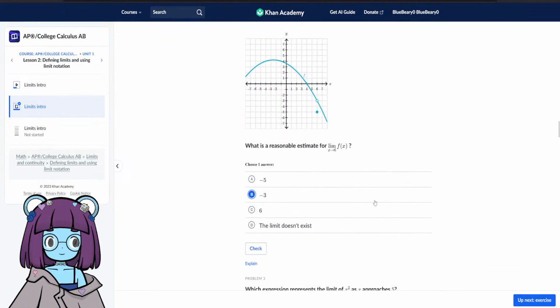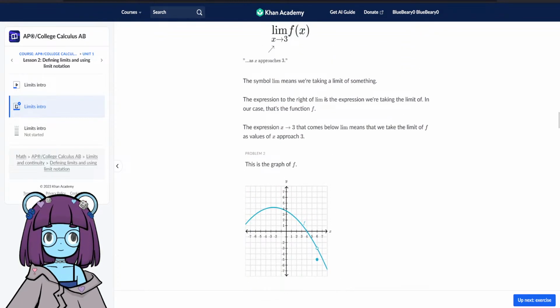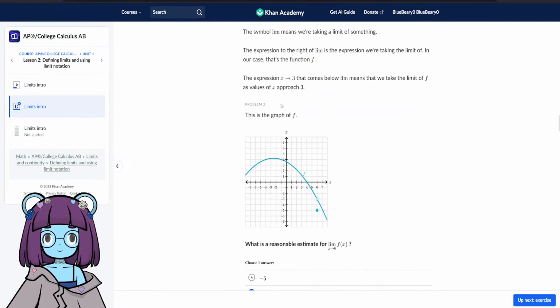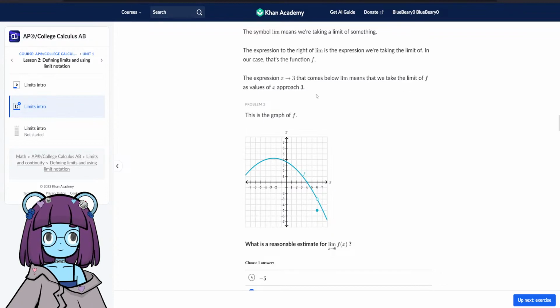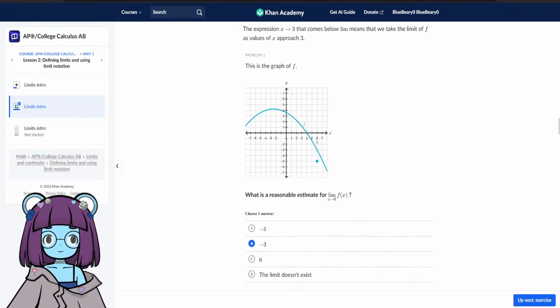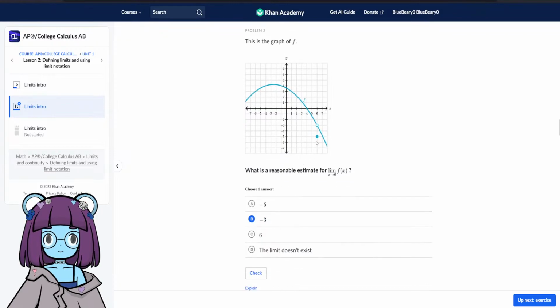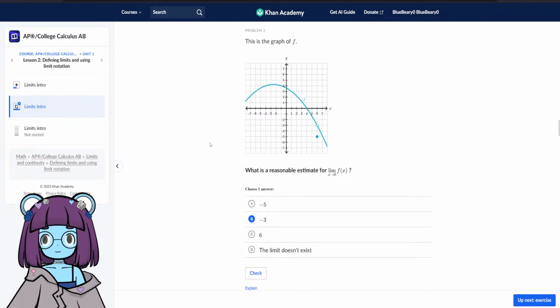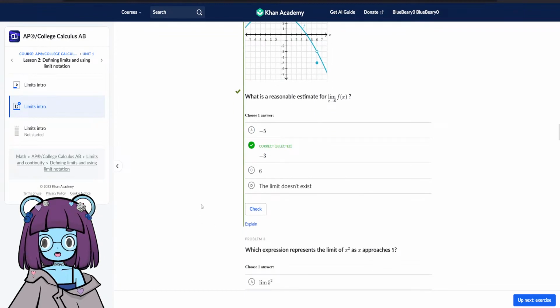I'm not sure. The limit of f as values of x approach 3. So it should still be -3 because it's approaching, although the value at 6 is actually -5. I think? Okay, I'm correct.